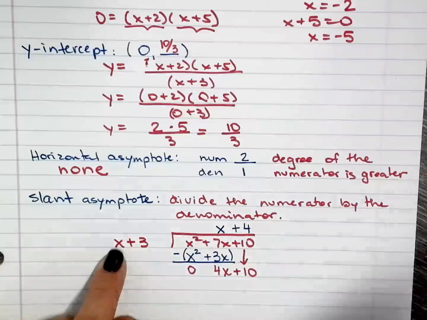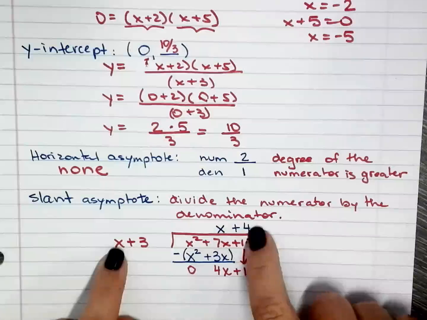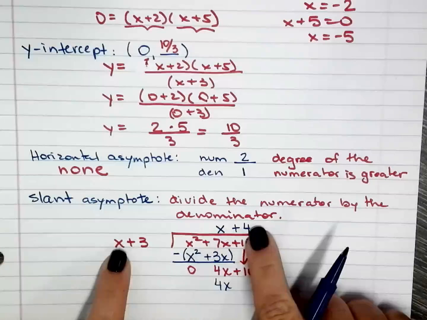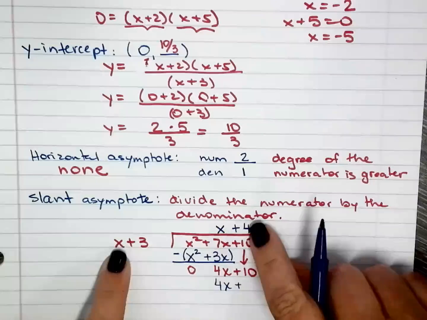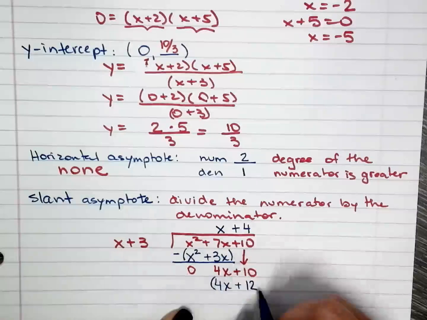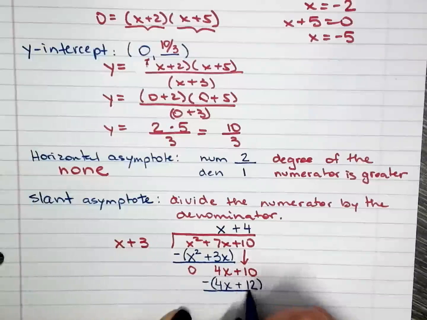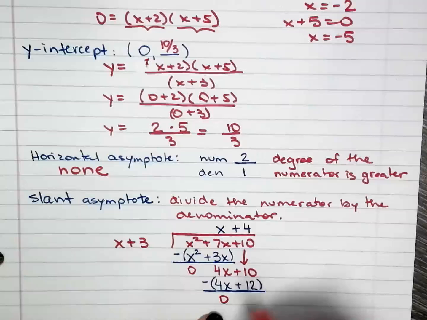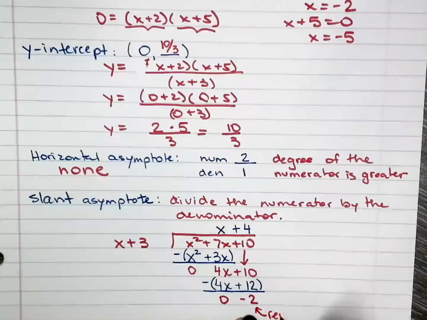Now you multiply: 4 times x, 4x, plus 4 times 3 is 12. Put that in parentheses and find the difference. 4x minus 4x is 0. 10 minus 12 is negative 2. Negative 2 is your remainder.